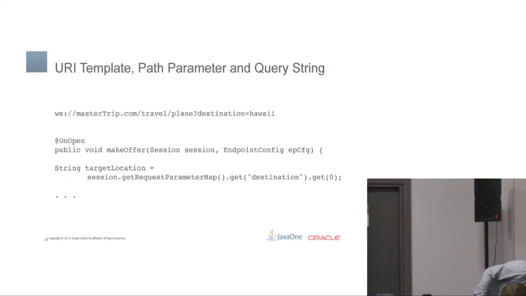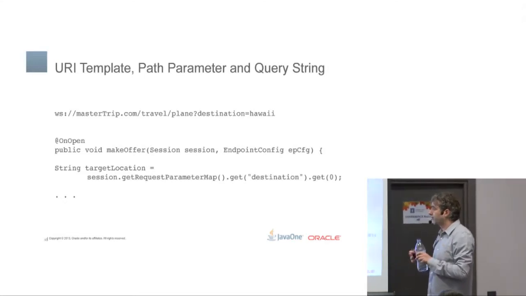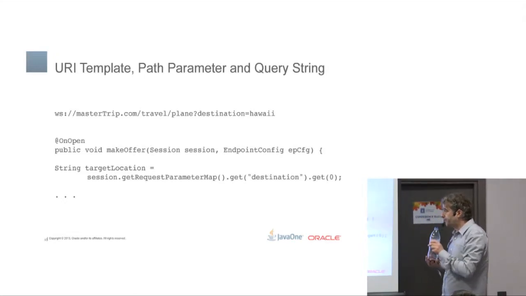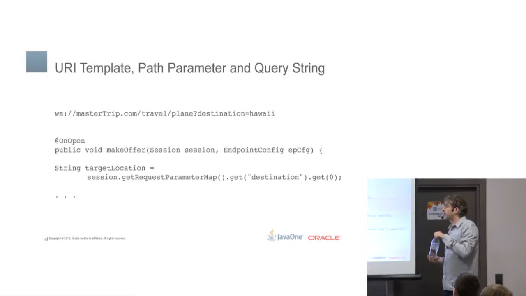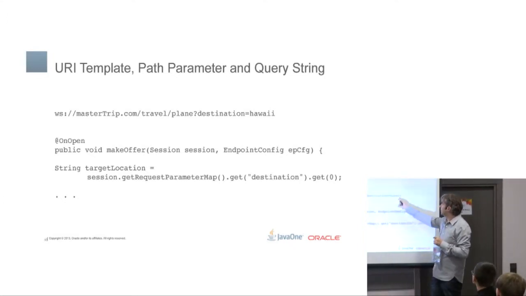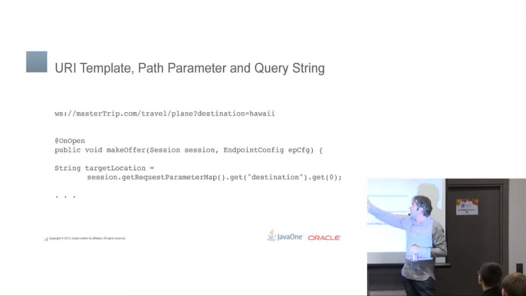And finally, we have templates, but we also have query strings. So if you look at this URL, master3.com/travel/plane, and then question mark destination equals Hawaii. From the outside, there is no way to know if there is a template in there.